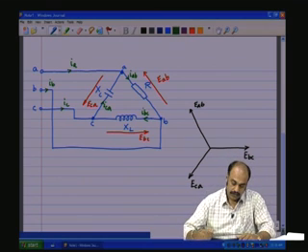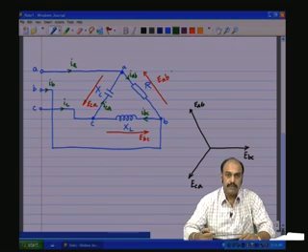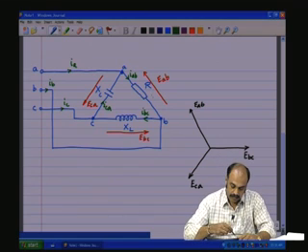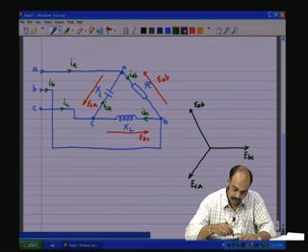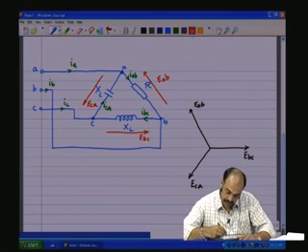Now, if we take IAB and EAB, the load here is a resistor, and therefore, we expect IAB to be in phase with EAB, what is applied across the resistor. Therefore, we shall put IAB in phase.